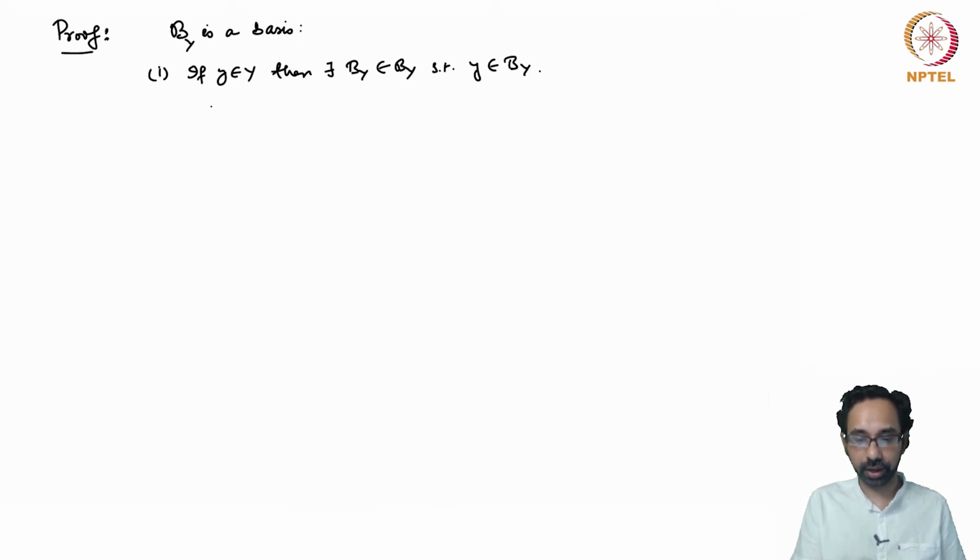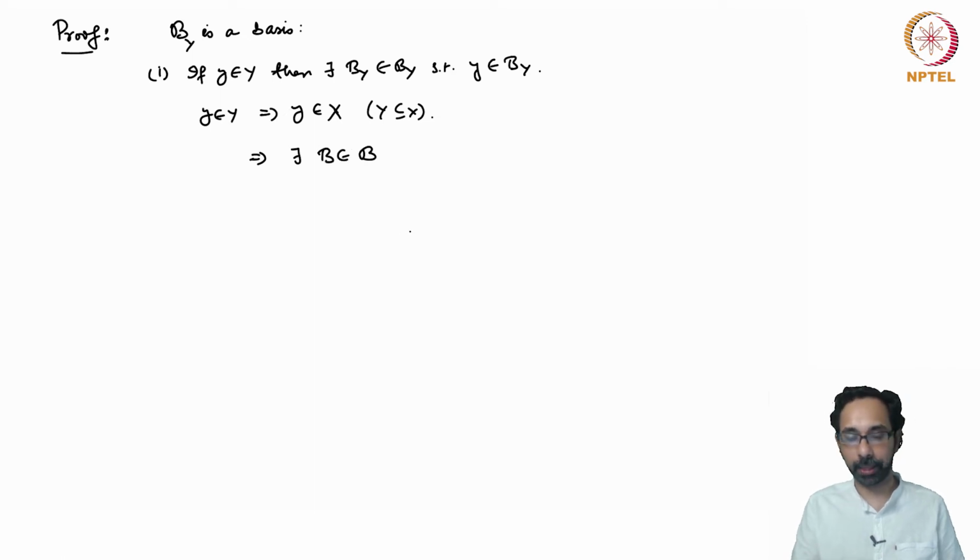Of course, if y belongs to Y, then y is in X, because Y is a subset of X, and because B is a basis for X, there exists a basis element b in the basis for X such that y belongs to b also.